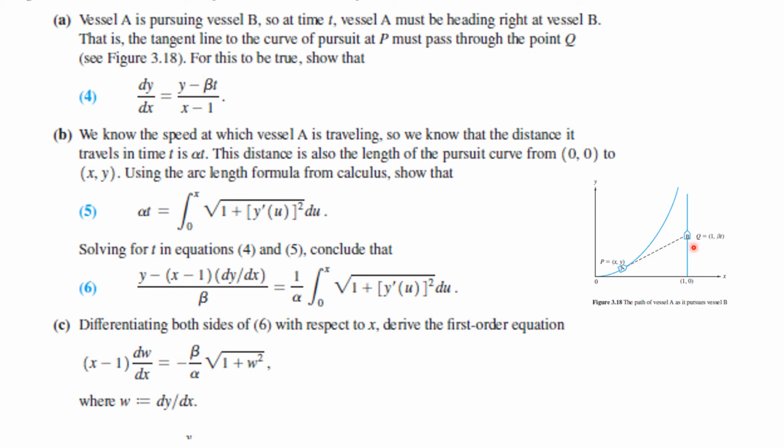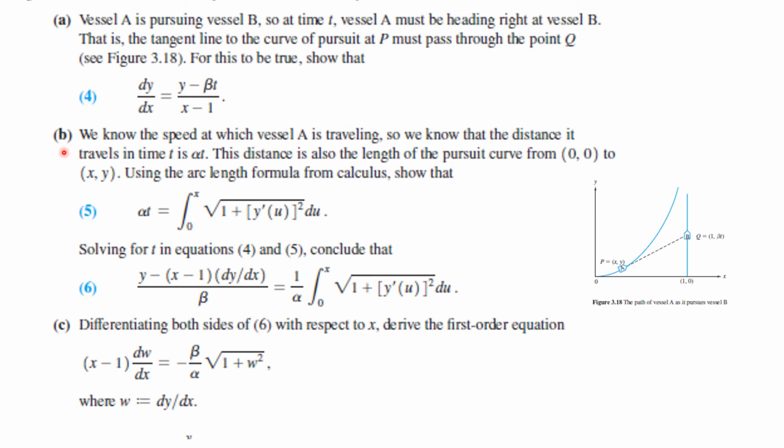So there is Q and there is P. For this to be true, I want you to show, and when you're submitting this on the answer sheet, you want to have a narrative argument for this, that dy/dx is equal to (y minus beta t) over (x minus 1). That is part A for you to do.